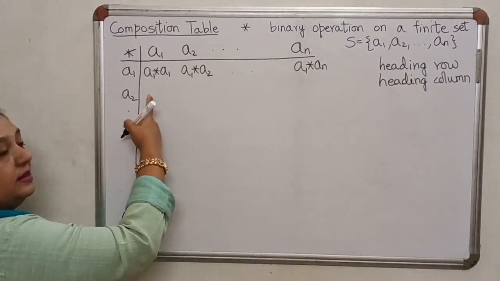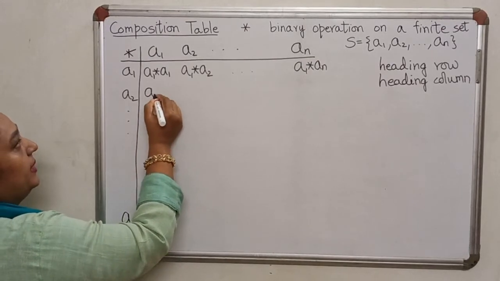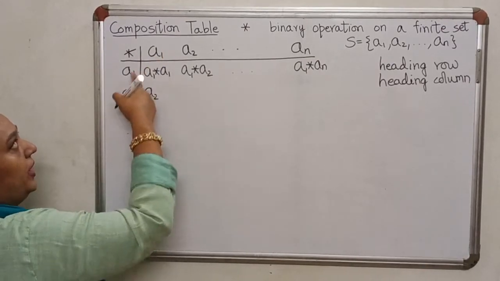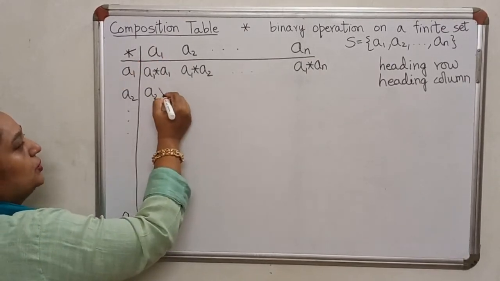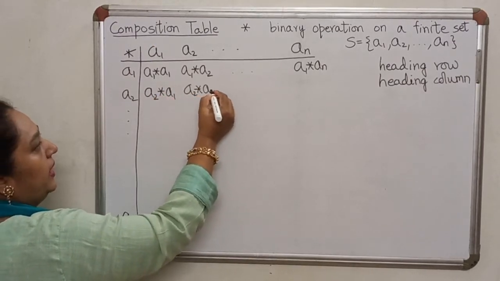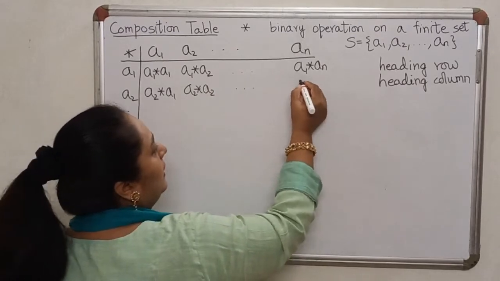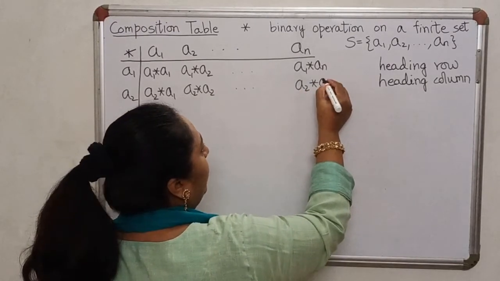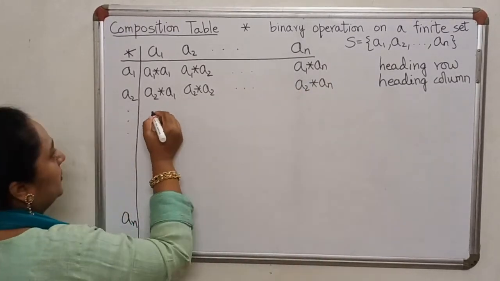Then in this place I will be writing the combination of A2 with A1. So A2 star A1, A2 star A2, A2 star AN, and so on.